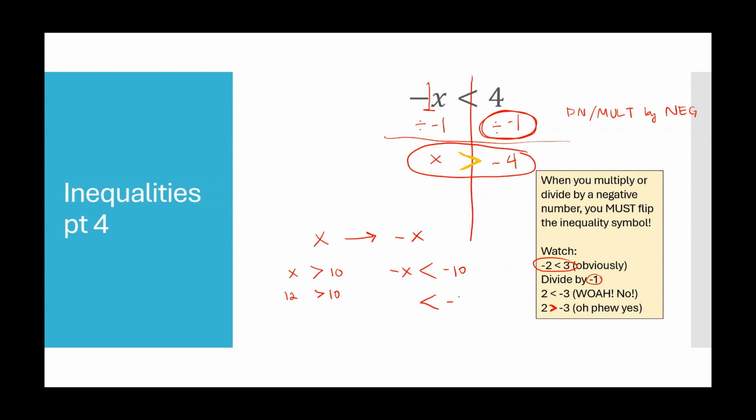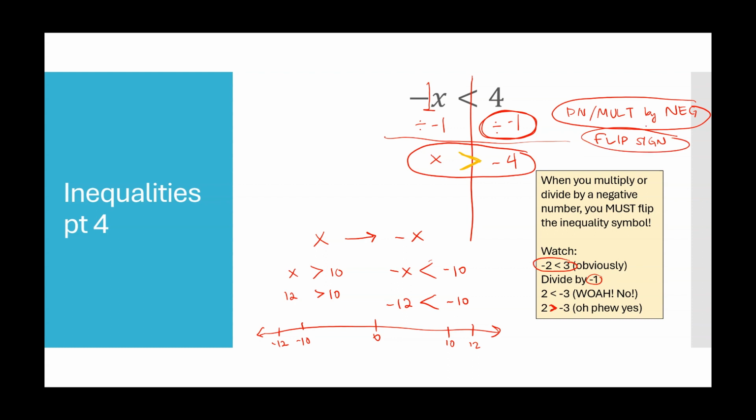But when we have -10, -12 is smaller than -10. Think about that number line again, right? Here's 10 and 12, and down here is -10 and -12. So when we have our opposite answer, we change the sign, we have to have the opposite inequality symbol. It flips. Every time you multiply or divide by a negative, you must flip the inequality sign. Okay?